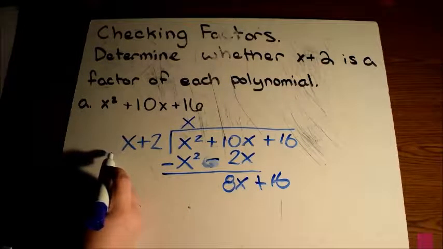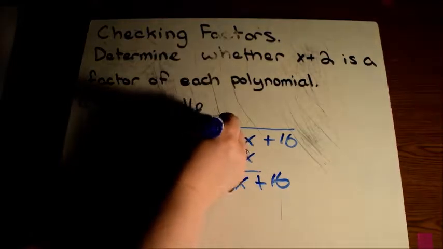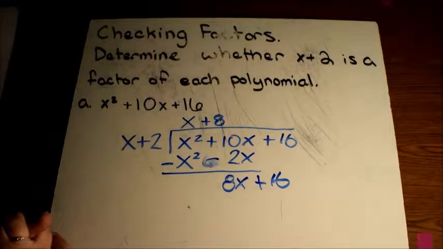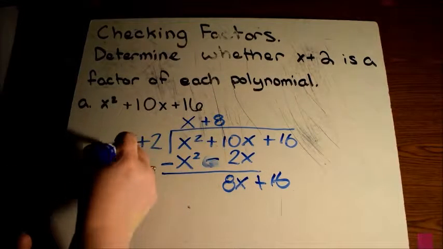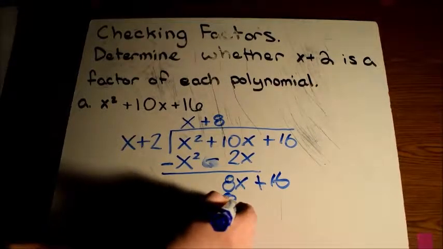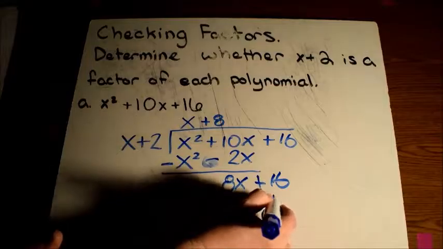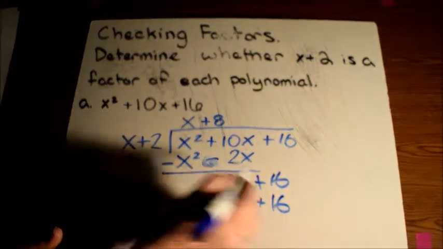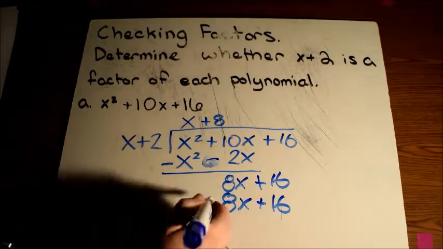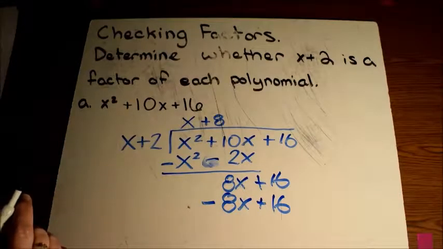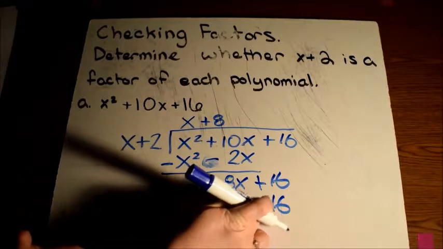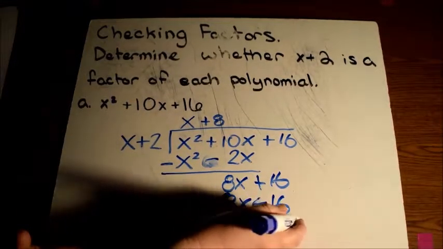8x divided by x is 8. Now Mother, multiply. 8 times x is 8x. 8 times 2 is 16. And now Sister, subtract. Change that positive to a negative. Change this positive to a negative.